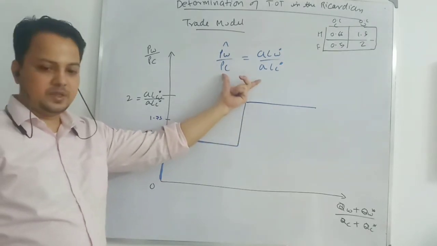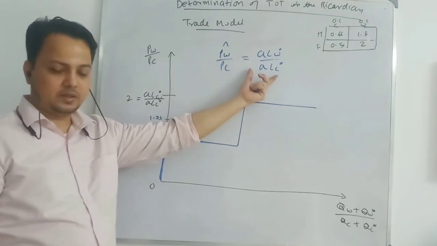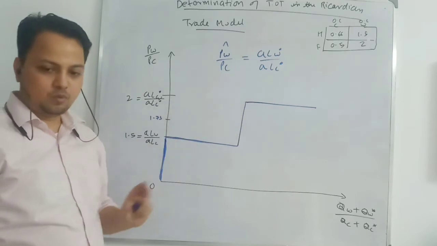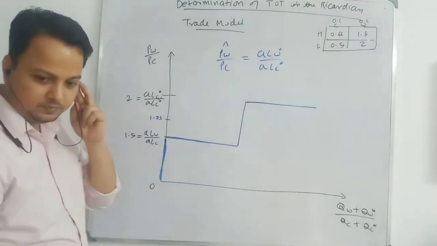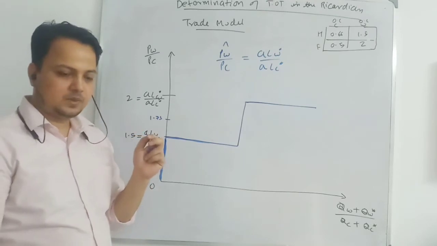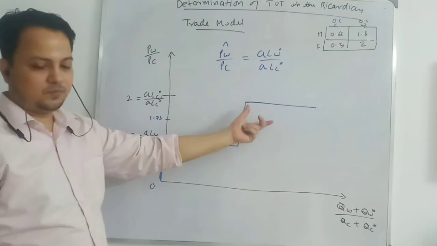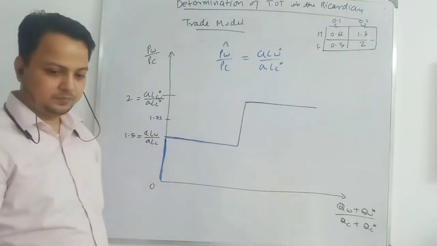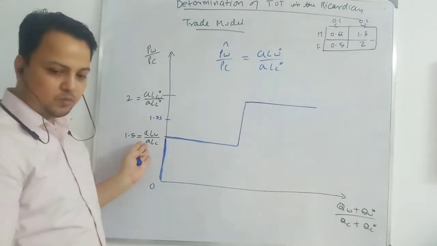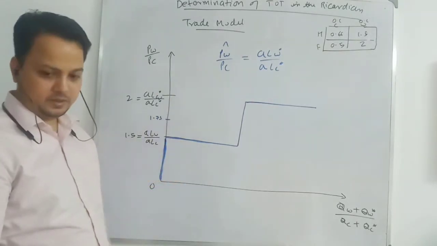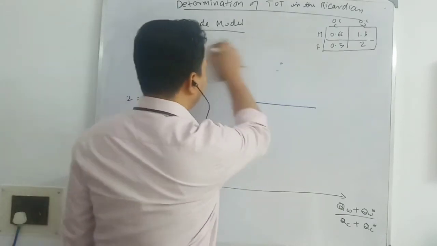In the foreign country, under free trade, where the relative price is equal to the opportunity cost of producing wine, it will be producing both goods. Okay. So here the foreign country will be producing both goods, and of course this is greater than the opportunity cost of producing wine in the home country, so home will be specialized. So this is point number 5.